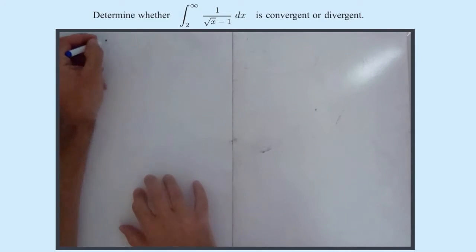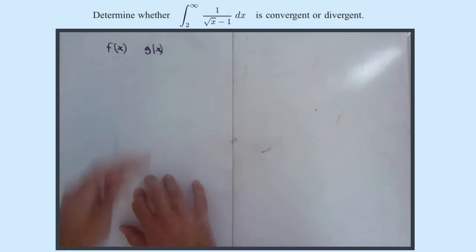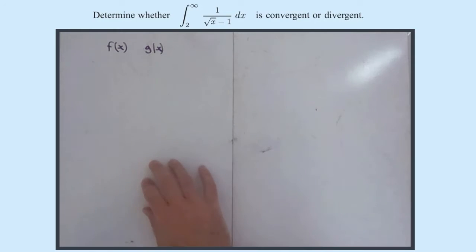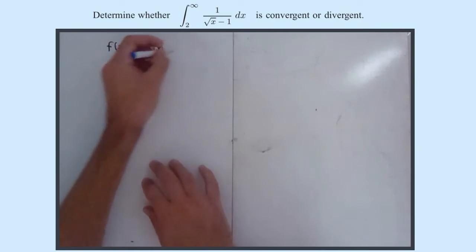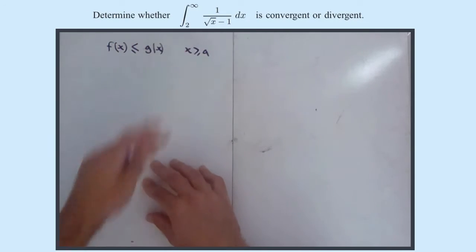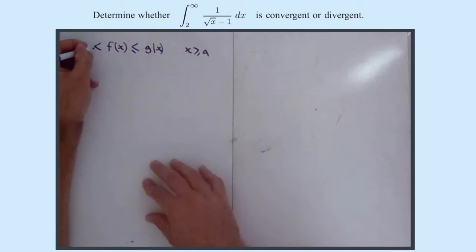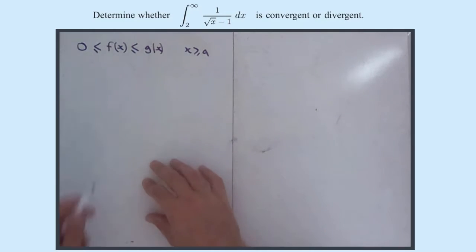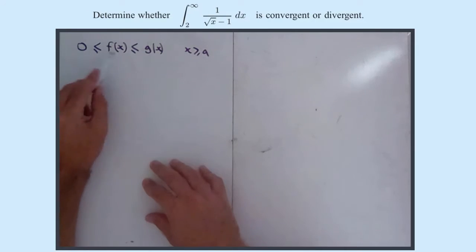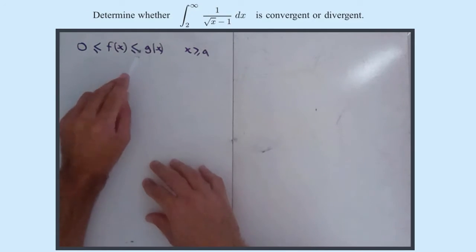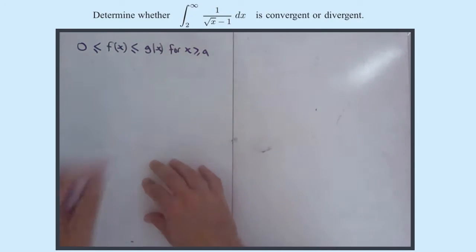The aim is you get an f of x and a g of x such that, for the interval that you're looking at, in this case improper integrals, so x greater than or equal to a, remember, that's the lower limit of the improper integral, the upper limit being infinity, we have f of x greater than or equal to 0, so it's positive, but less than another g of x for all of these x's that are greater than or equal to your lower limit.